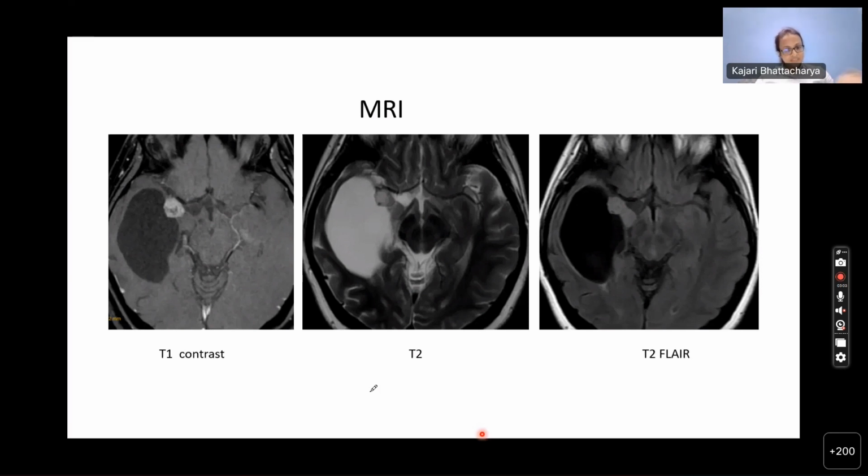And then I would think more in terms of a PXA and a ganglioglioma rather than a pilocytic astrocytoma. Exactly, that crossed my mind too. You could also do diffusion weighted imaging to see whether there's restriction. It looks to be a pleomorphic xanthoastrocytoma more than a pilocytic.